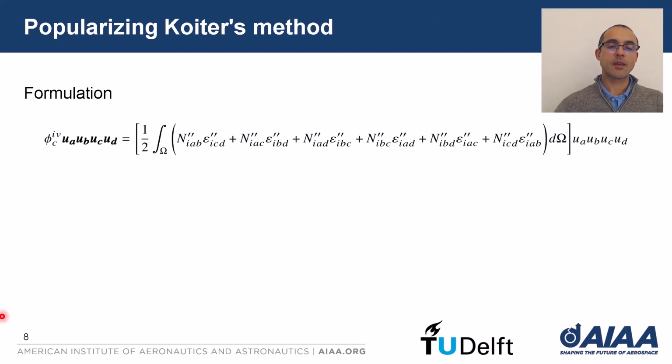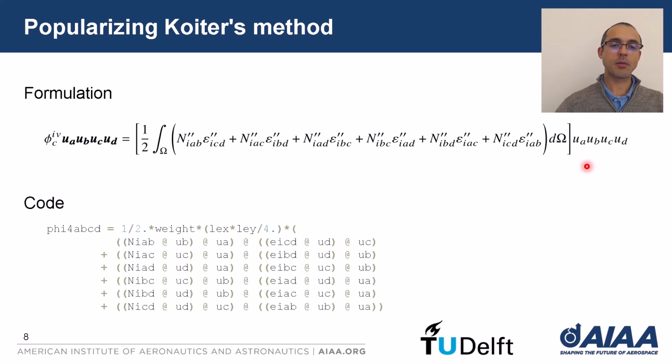This slide compares our formulation already for the case of the cylindrical shell being investigated in the manuscript with the implemented code. You can see how the code keeps a very close relationship with the formulation.